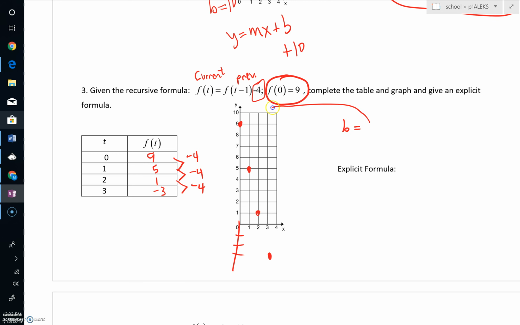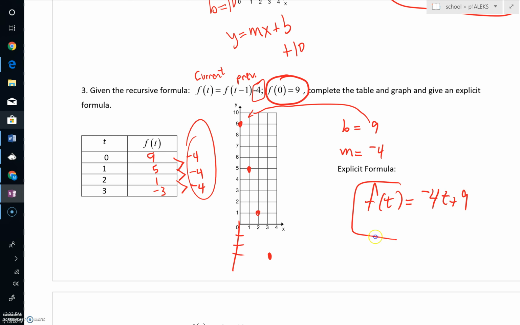Your y-intercept, you can see right over here is a 9. What about your slope? Well, you can see you're going down 4, right 1. That's your change. So I'll say f of t is equal to negative 4t plus 9. And that's your explicit formula.